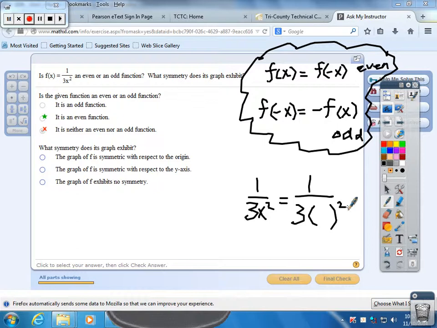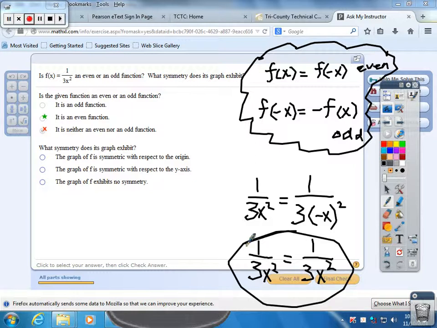And what goes in right here? Negative x. And let's check it. 1 over 3x squared is equal to, what happens when you take negative x and square it? What do you get? So what happens? No, so it's even.